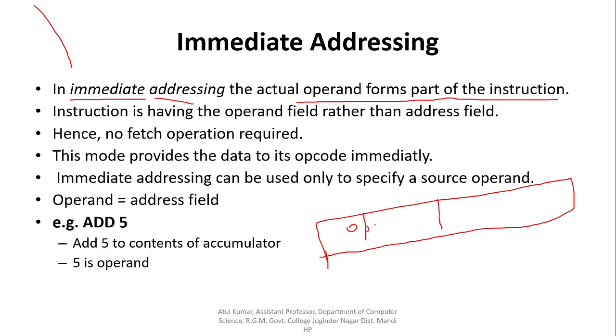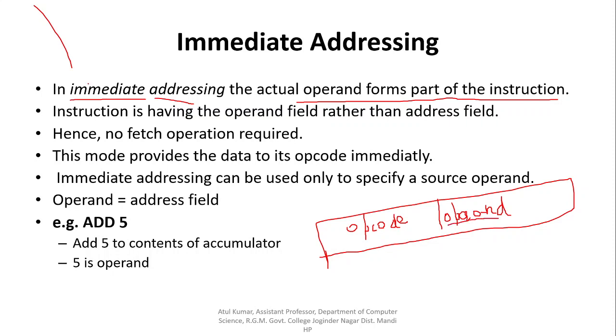The first part is the opcode. Opcode means the operation that is to be performed on the operand, and the second part is either the operand or its address where the operand is stored. How the operand is accessed, there are different methods, and these methods are called addressing modes.